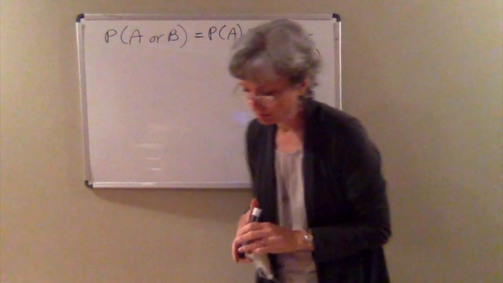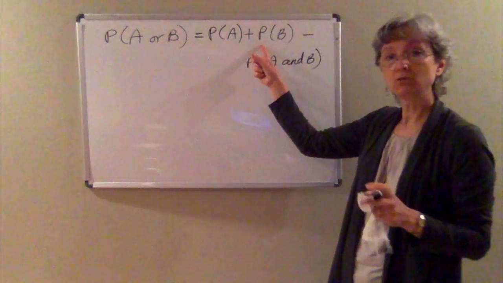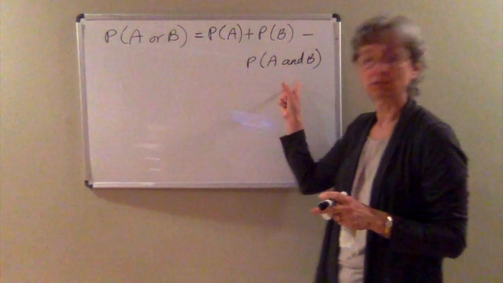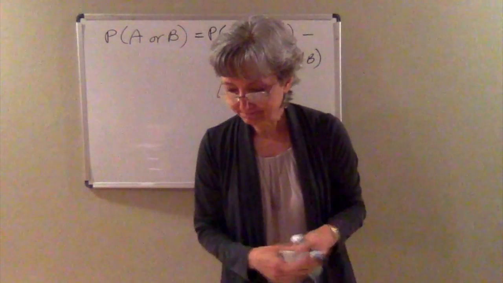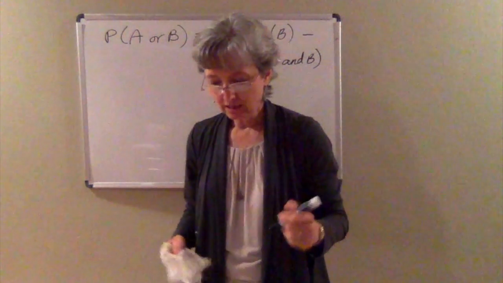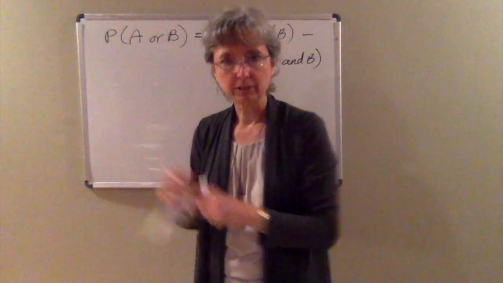If they are mutually exclusive, then it's just this part. But if they are not mutually exclusive, then you have to do this. So I'm going to show you what I mean by this in a second. First of all, let's look at it simply.